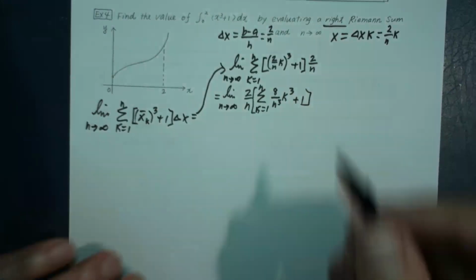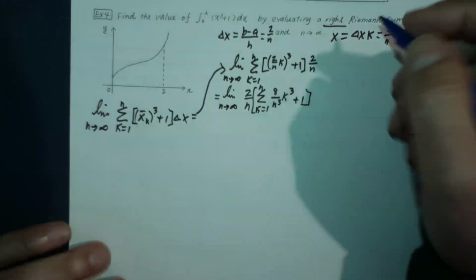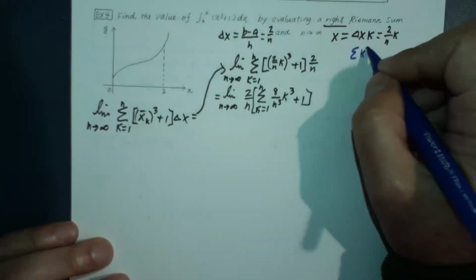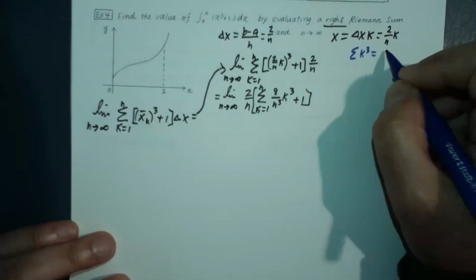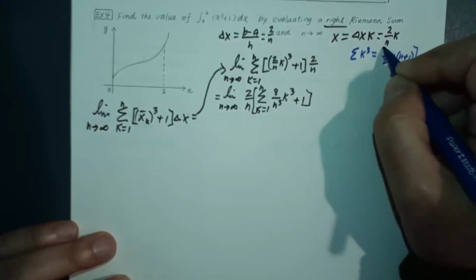And if you remember, another piece that we're going to need is the summation of k cubed, which was 1/2 n times (n plus 1) squared.